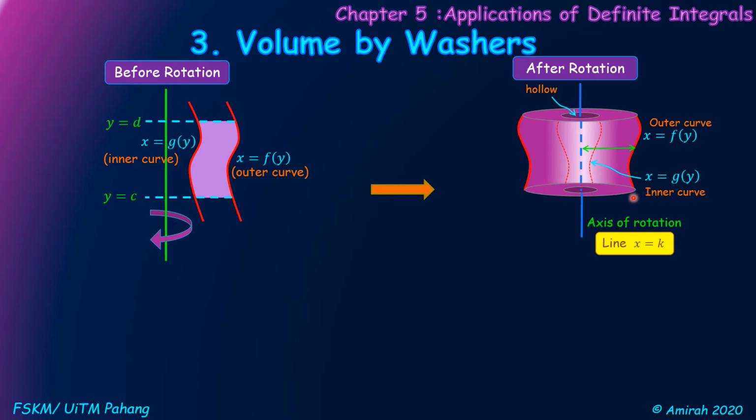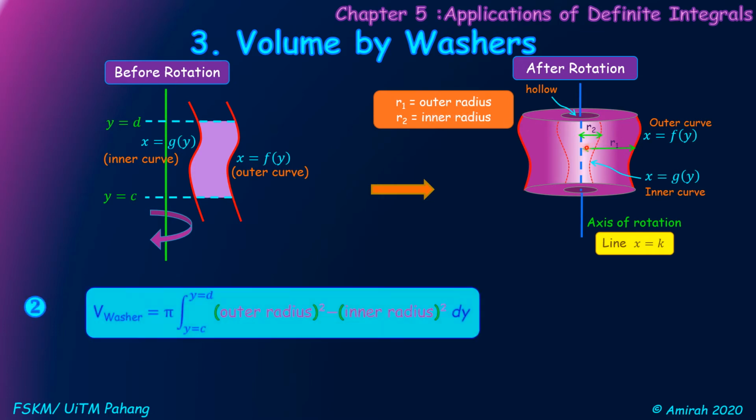The formula for volume of a washer requires an inner radius and outer radius. R1 here means outer radius, and R2 here means inner radius.